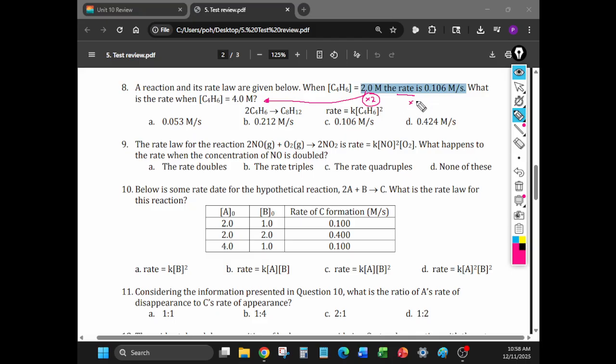It's going to quadruple. So all you got to do is quadruple what the rate was, and then you should get D. So here, we're looking at how the rate changes with concentration. Double the concentration, we see that it is second order because the exponent's 2, and so we quadruple the rate.